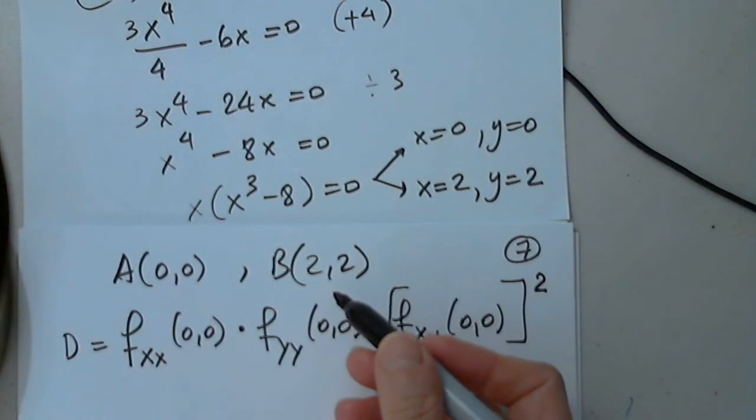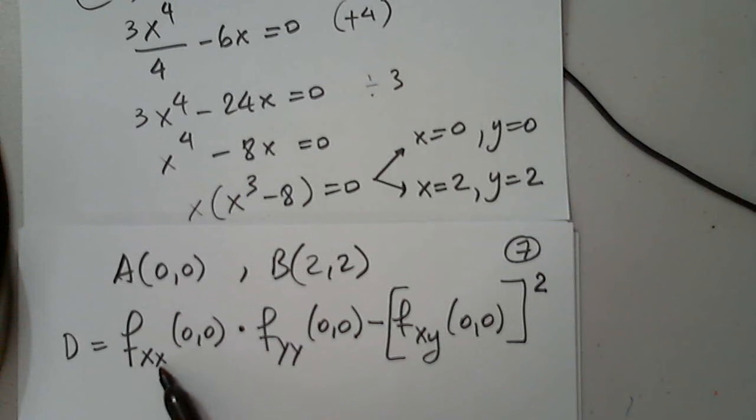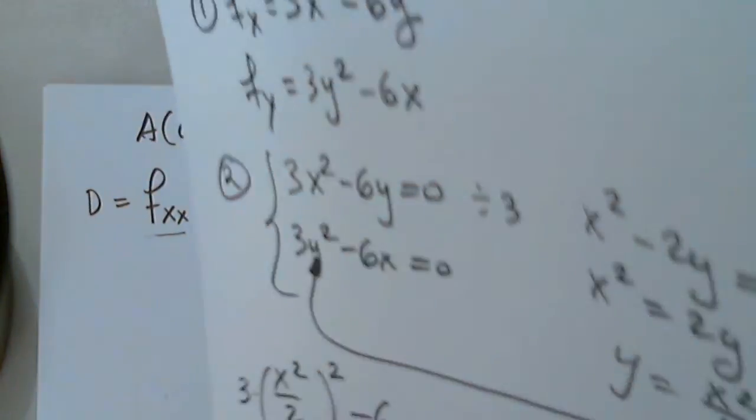The same thing for (2, 2): fxx evaluated at (2, 2), fyy at (2, 2), fxy at (2, 2). I do not have the fxx and fyy, and I don't have fxy. No problem.